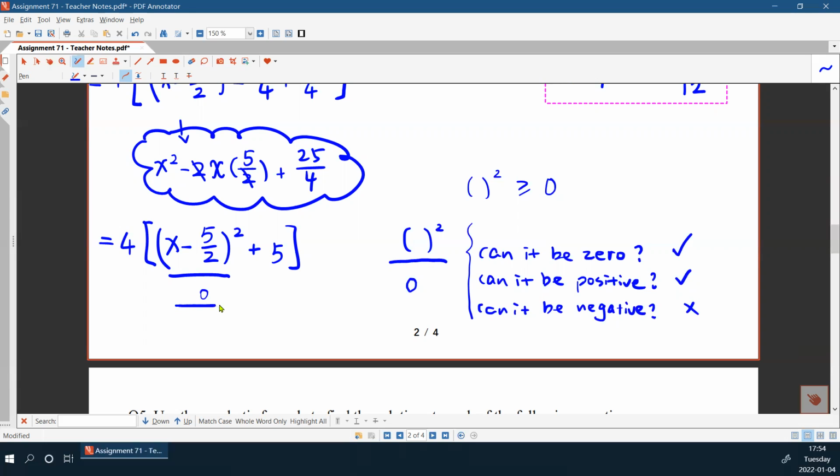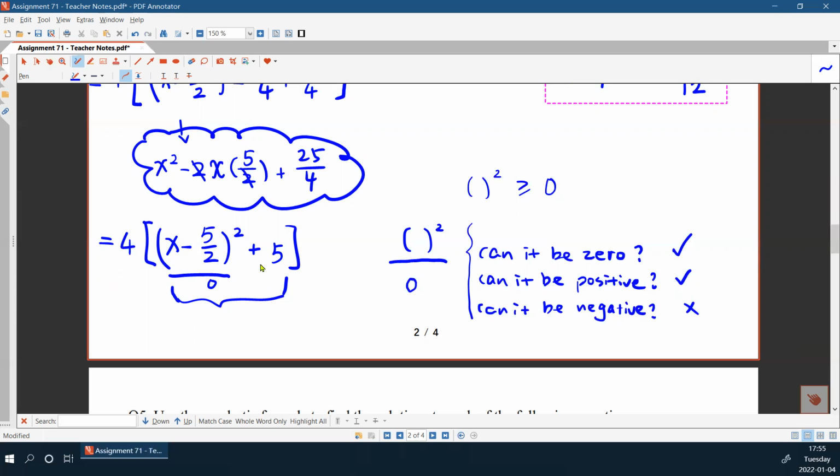So how about the smallest possible value of something squared plus 5? No, do not consider 4 here yet. Let's do this one step at a time. I'm asking, what is the smallest possible value of this expression in the brackets?